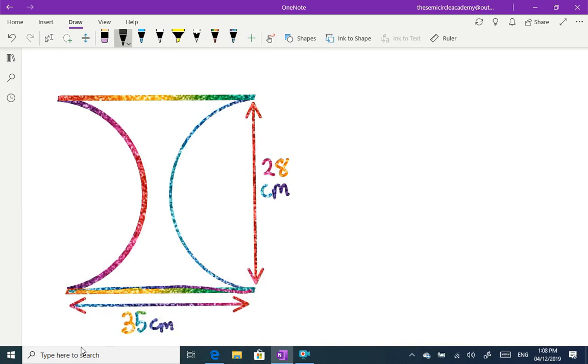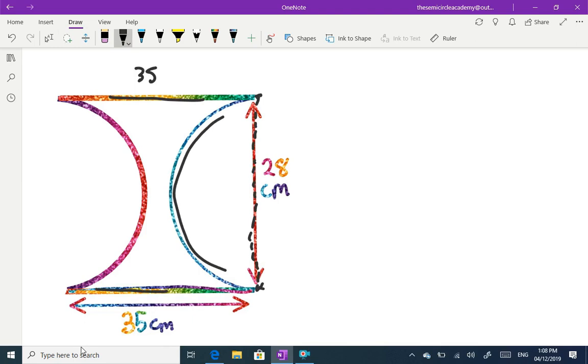I could assume that if this side is 35, then this side over here will be 35 as well. And they tell us that this height from here to here is 28 centimeters, and you would notice that this actually forms the diameter of the circle.